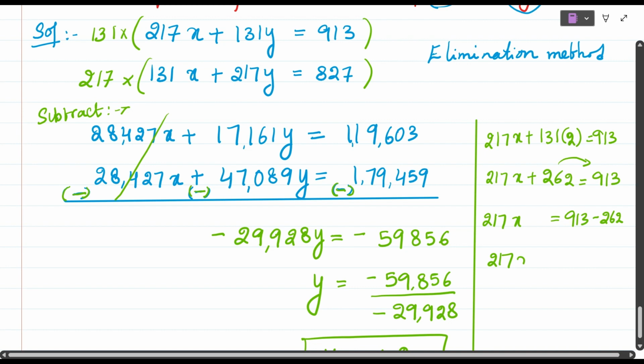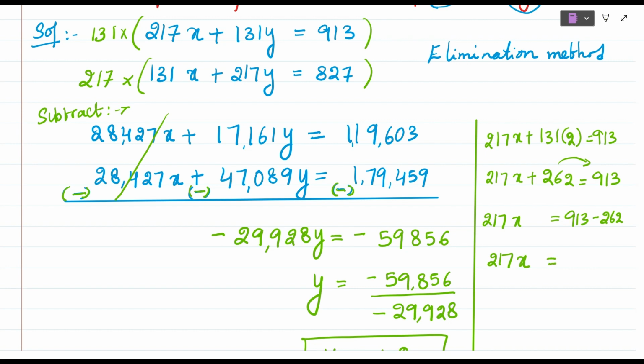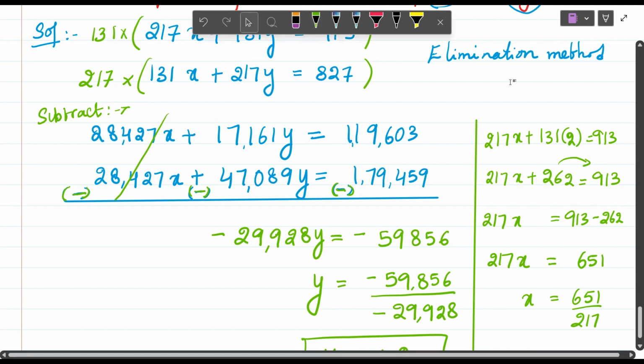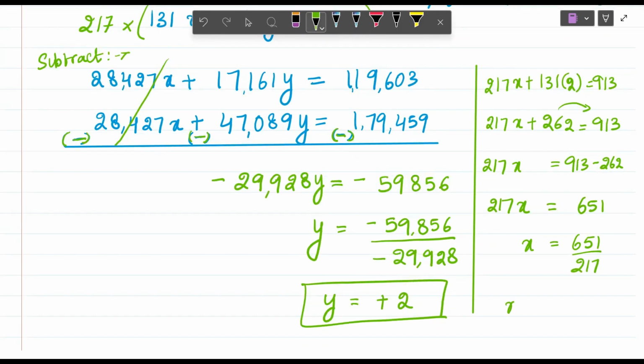After subtracting, you will get the answer as 651. Clear? Now transpose this 217. Multiplication transposing becomes division. So 651 whole divided by 217. So what is the value of x here, students? What is the value of x? So x will be equal to 3.